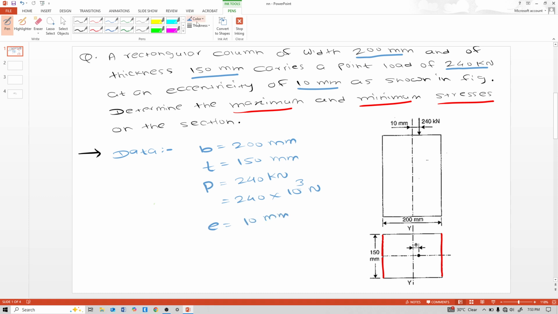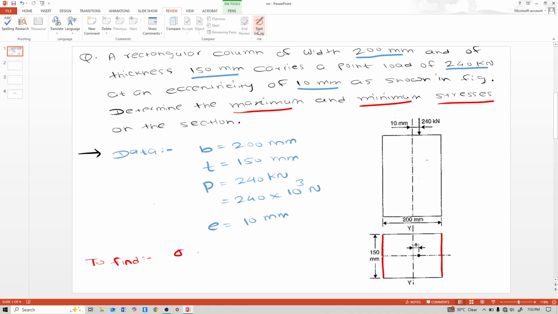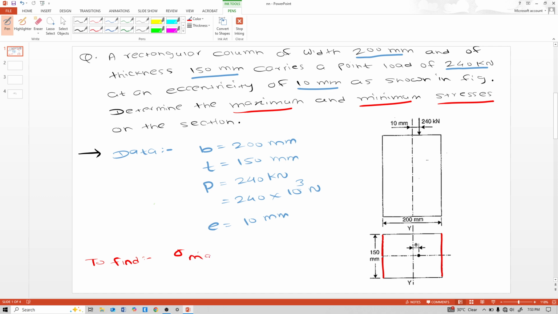Now our objective is to find sigma maximum and sigma minimum. In the numerical they wrote maximum first, so sigma maximum first, then sigma minimum.